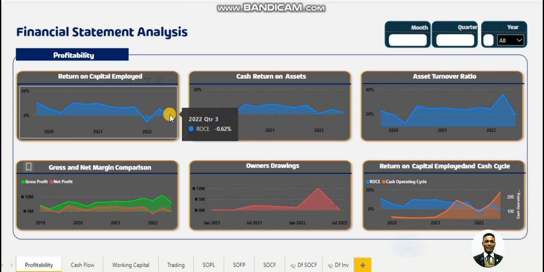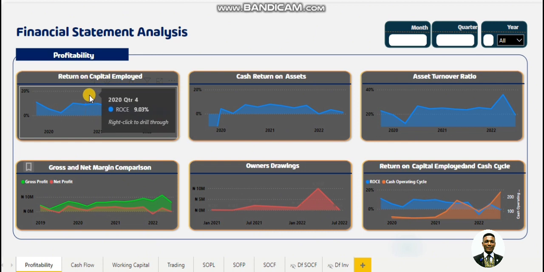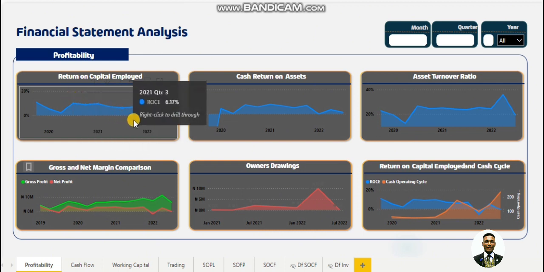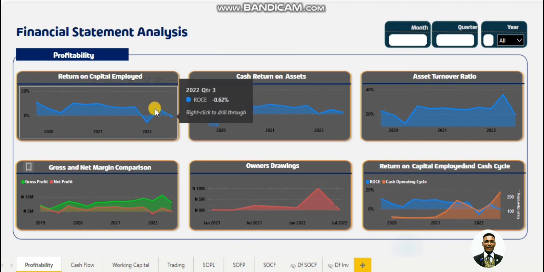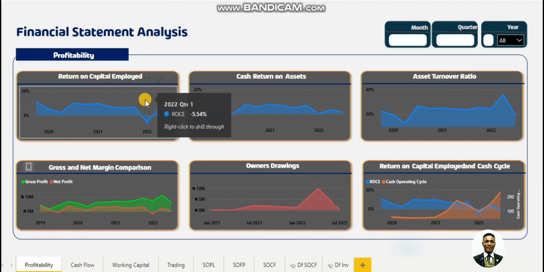Yes, it is true that it is generating some returns, at least above 10%, but is this 10% satisfying? Is this what the shareholder wants? Well, compared to the industry average of 20%, for the past 3 to 4 years, from 2019 down to the third quarter of 2022, you clearly see that the business is not meeting the industry standard, clearly pointing to the fact that more should be done.